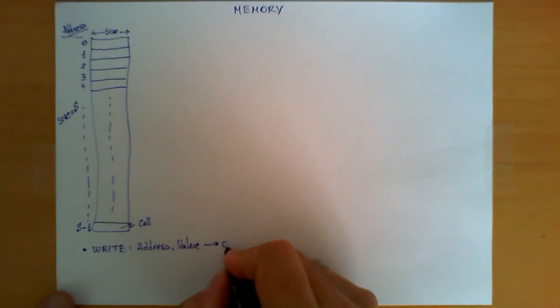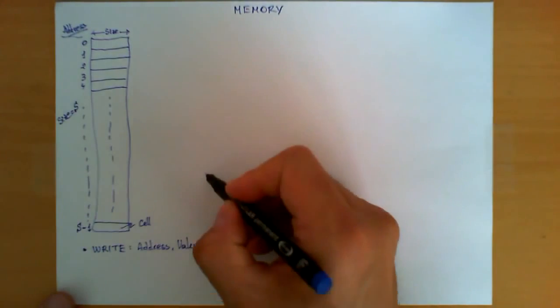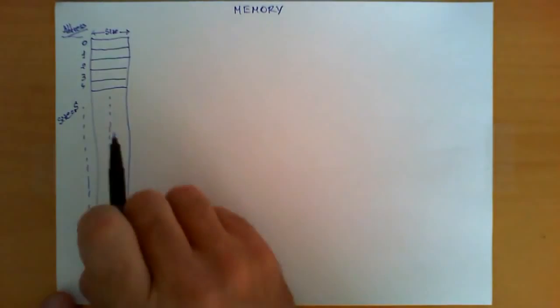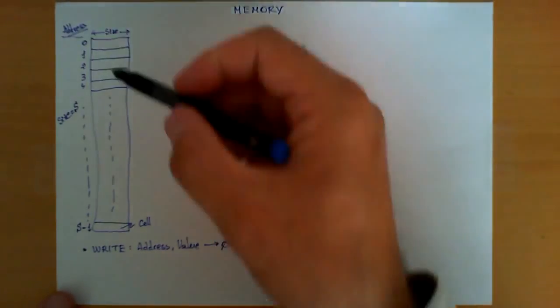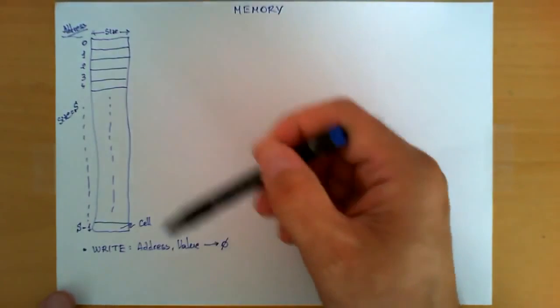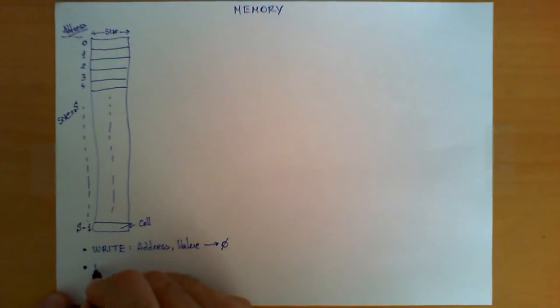It doesn't return anything, but intuitively, the value is written in the cell whose address is given. So given an address and a value, this table makes sure that this value is stored in that box. The other operation, of course, is a read operation.